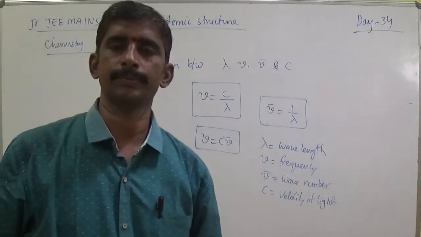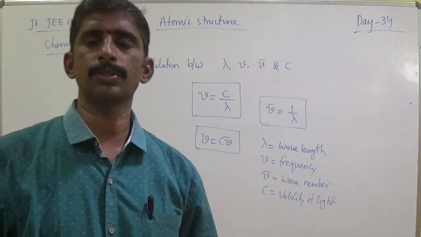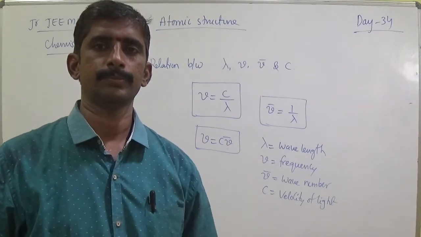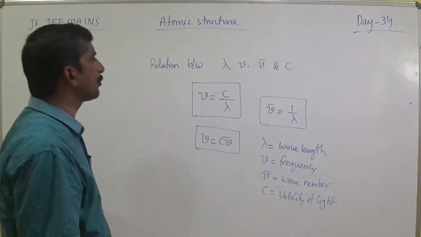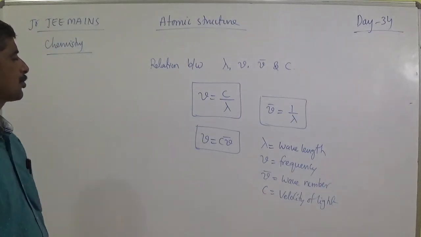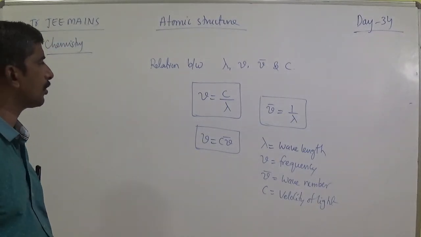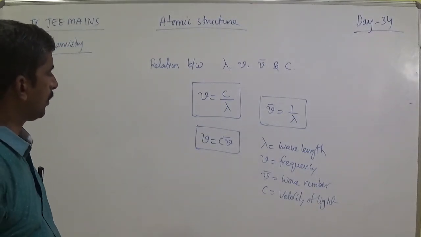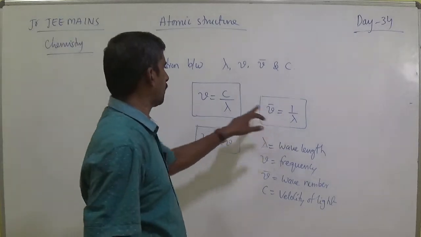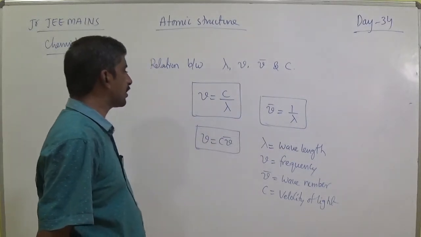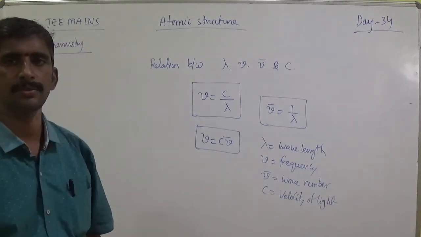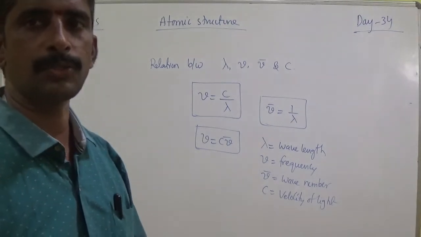So these are the relations between lambda, nu bar and C: nu equal to c by lambda, nu bar equal to 1 by lambda, and from these, nu equal to c nu bar. So these are our different types of relations. Okay, write down these formulas.